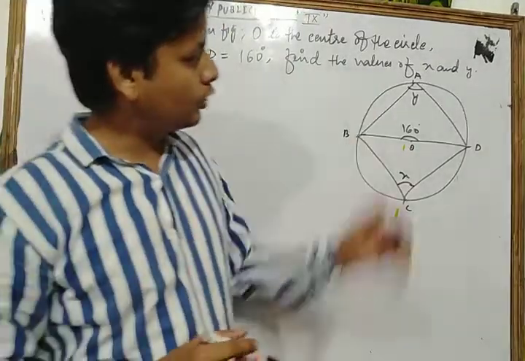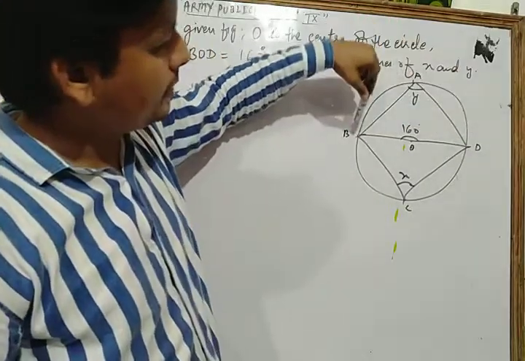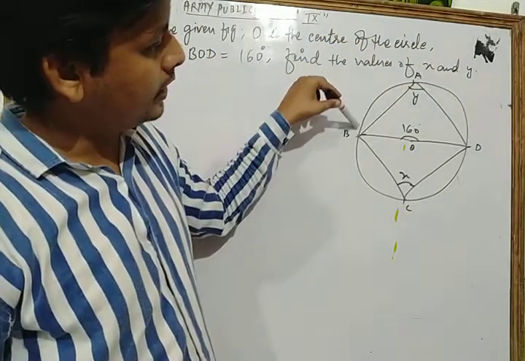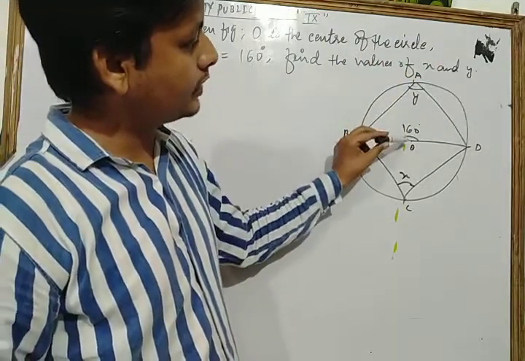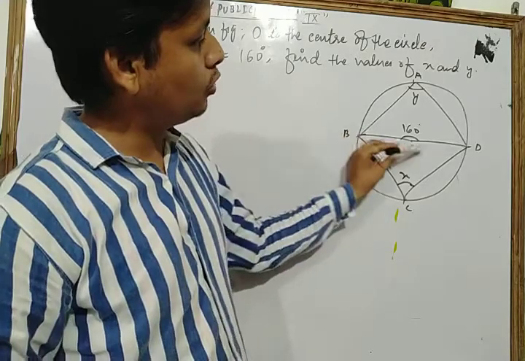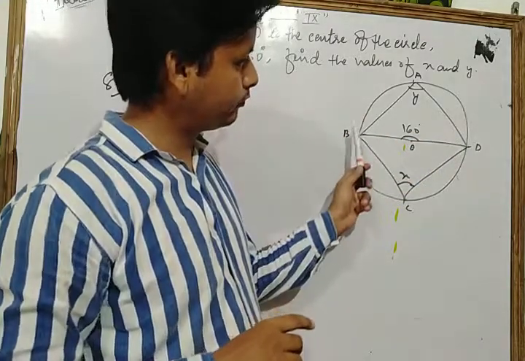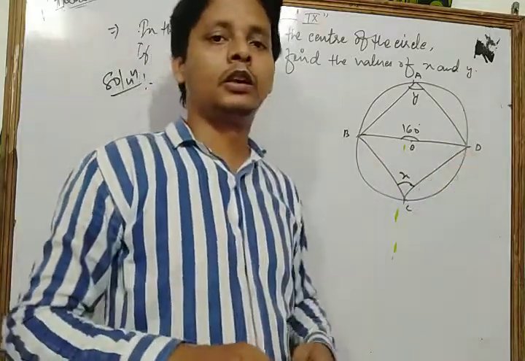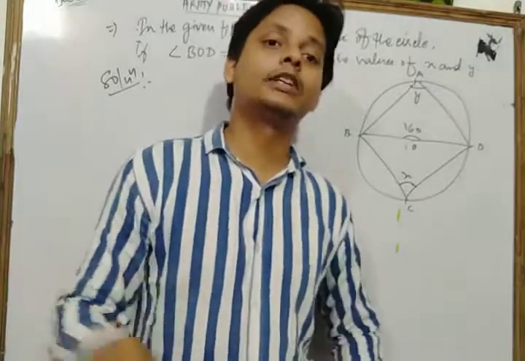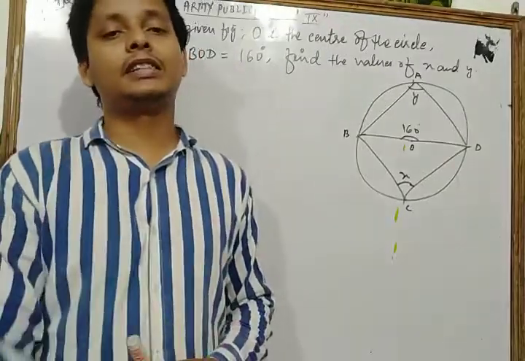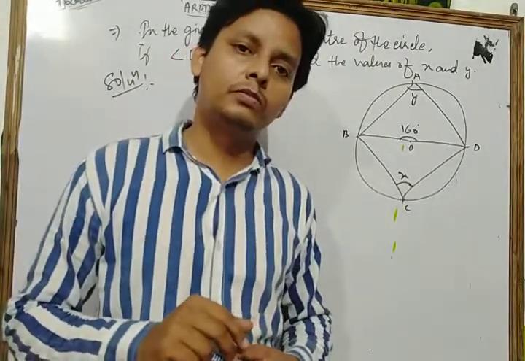So dear student, according to this figure, if we consider the arc DAB, then the angle subtended by that arc at the center of the circle is angle BOD, and that is equal to 2 times angle BCD, according to the theorem.